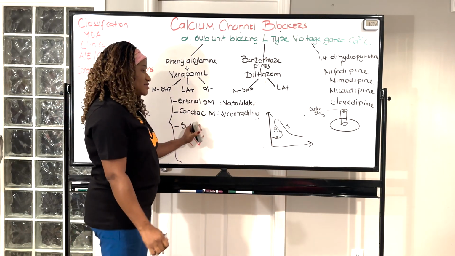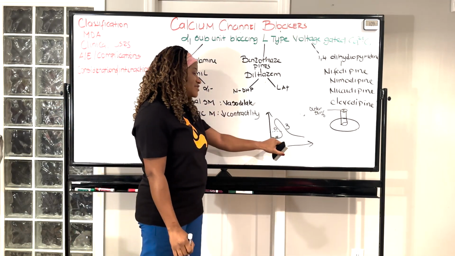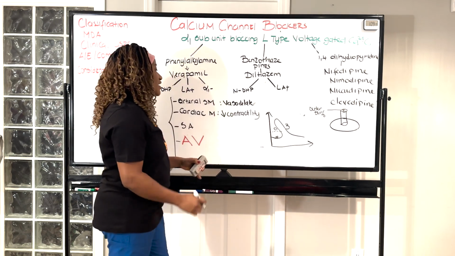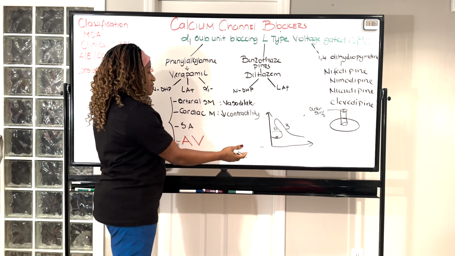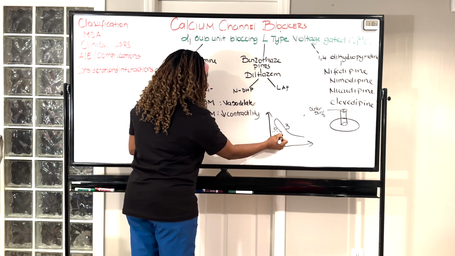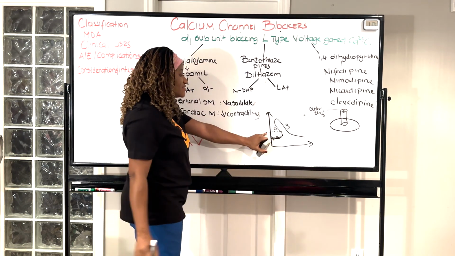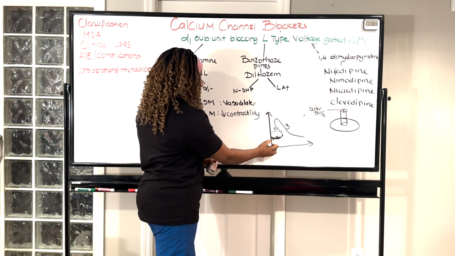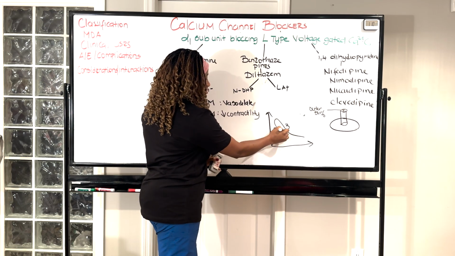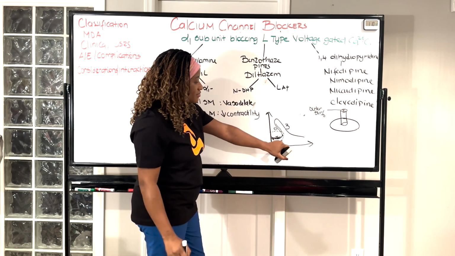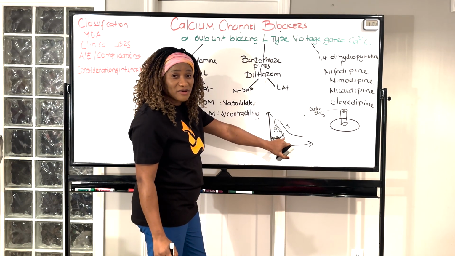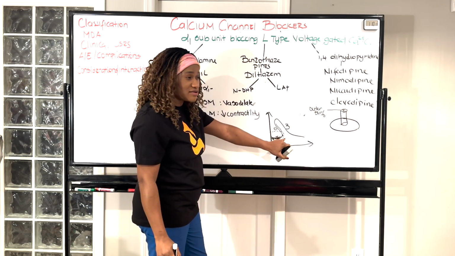On the SA node, they're going to act on phase 4 and phase 0. They're going to decrease the slope here, making it less likely to reach the threshold. So this is what they're going to do.